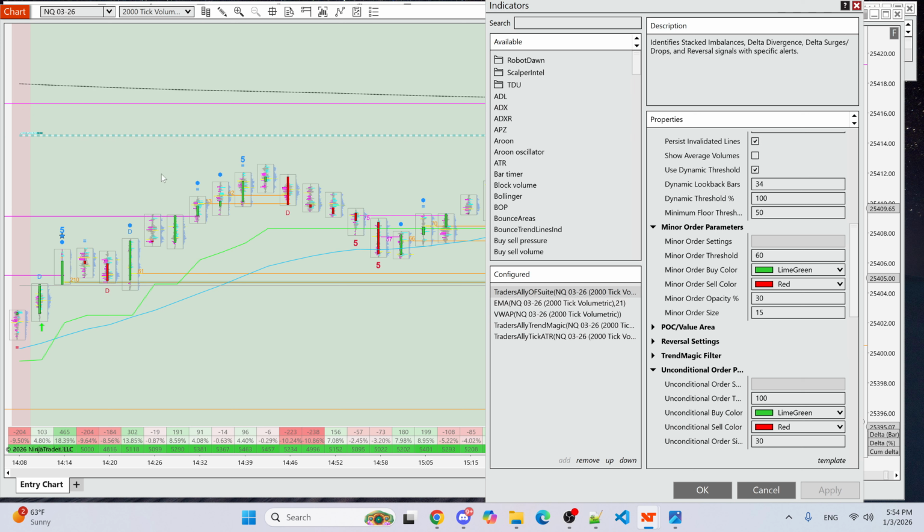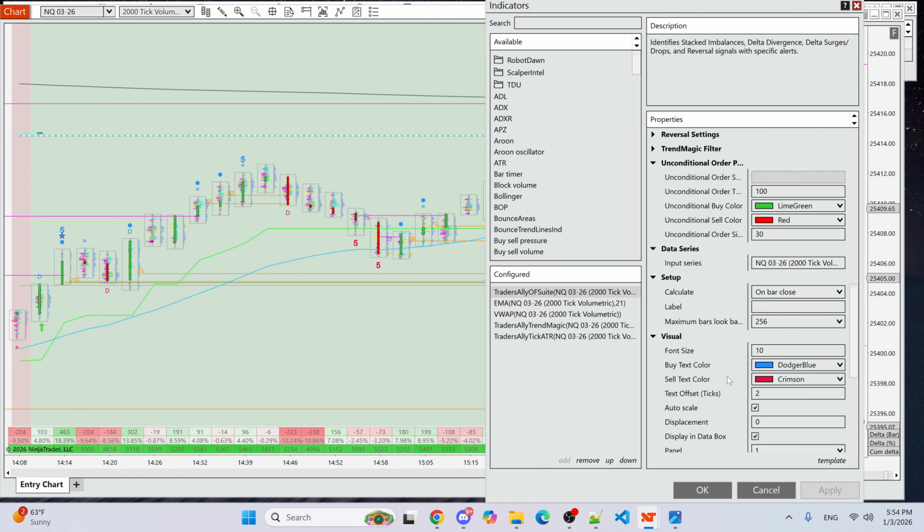And we use the Trend Magic indicator to find out our overall trend. So whenever it turns green, it's generally considered bullish and you want to look only for the buy side, or if it's a reddish line, then you want to look for the sell side.